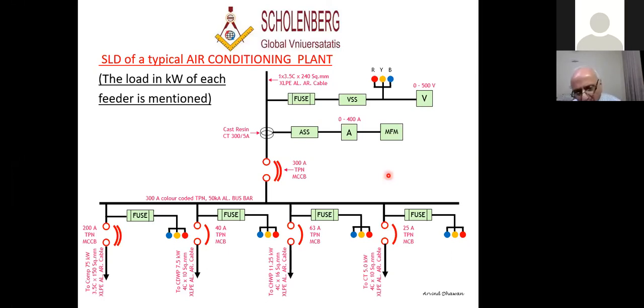Once the project is over, the contractor issues as-built drawings. As-built drawings may not be identical to fit for construction, because during the construction stage a lot of meetings take place because of hindrances and problems coming at site. There are so many elements working together. You have a mechanical person, electrical person, firefighting person.